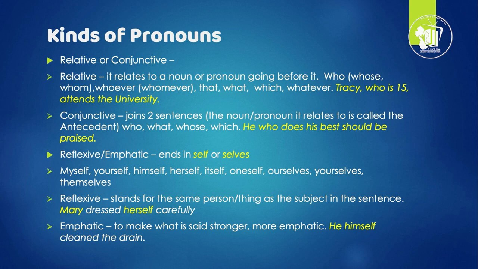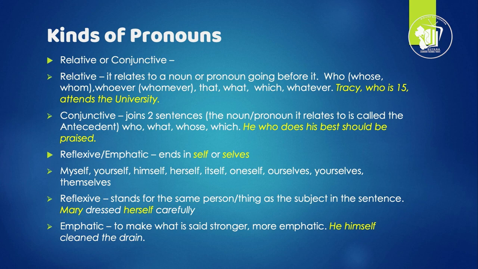The relative pronoun refers to a noun or pronoun going before it. So we have who and whose and whom, whoever, whomever, that, what, which, whatever. Example in a sentence, Tracy, who is 15, attends the university.